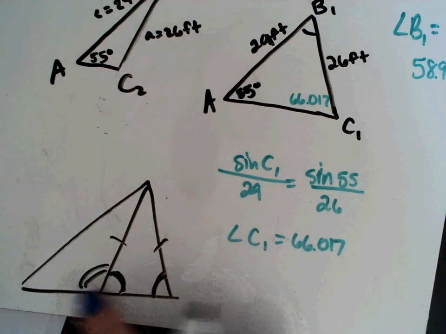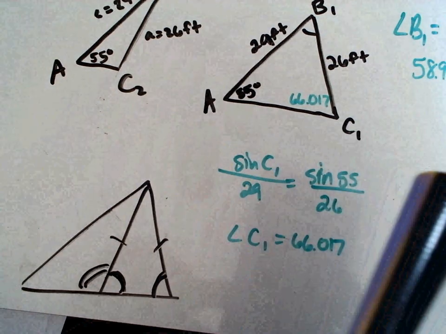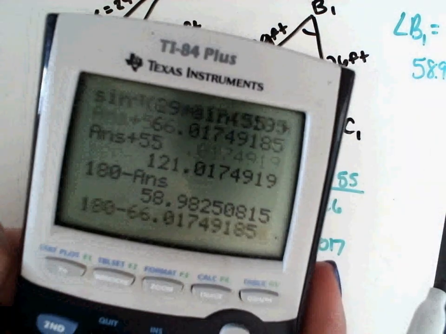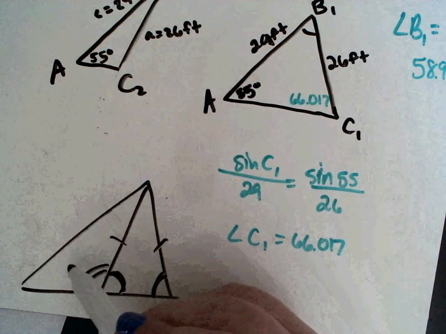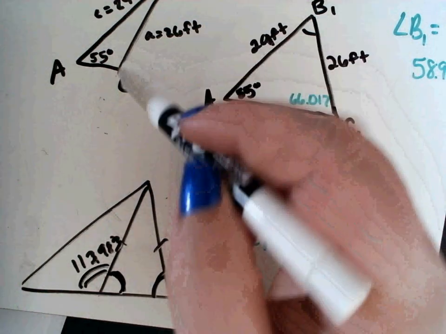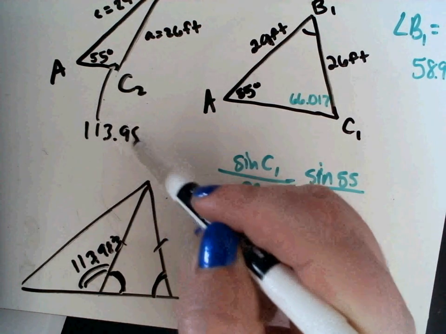Because they're supplementary. These two make a linear pair, but you can say they're supplementary. So we're going to say 180 minus the 66.017, and we get 113.983. So this right here is 113.983.